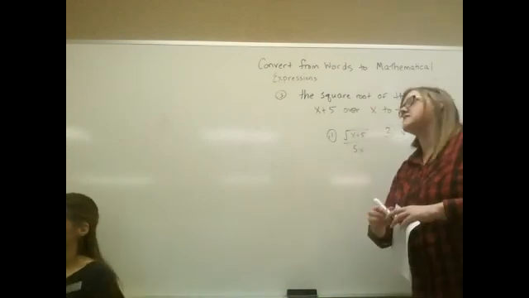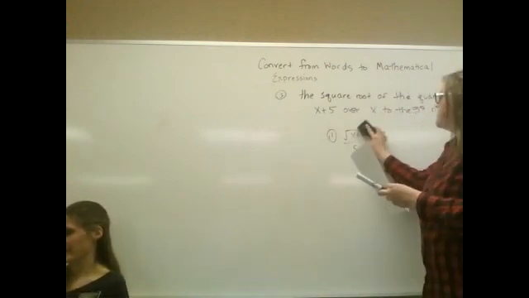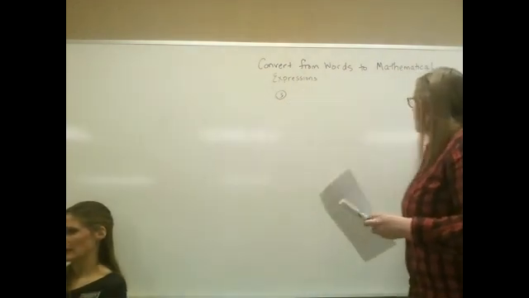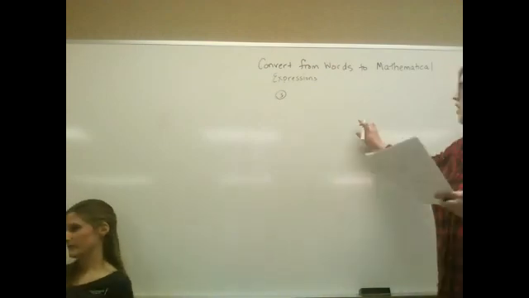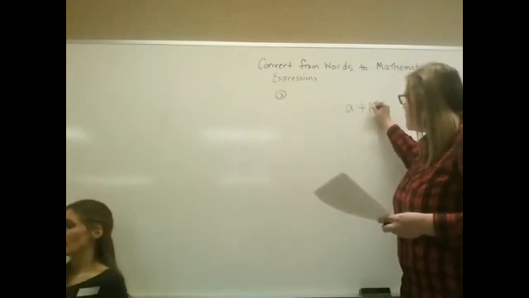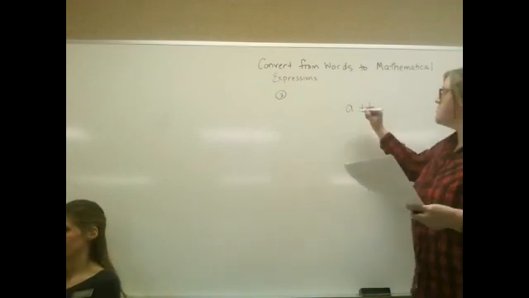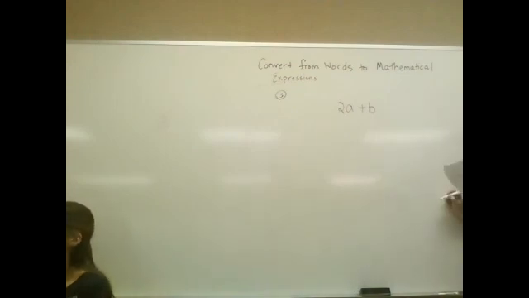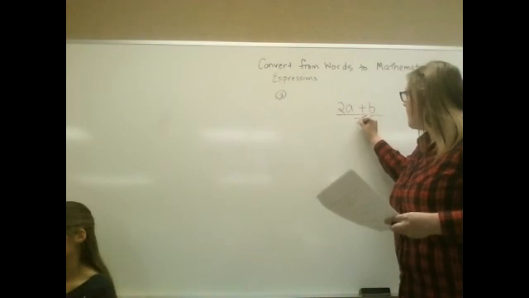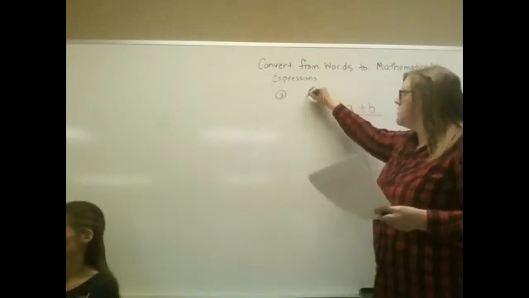All right, so it says the sum of 2 times A and B. So we know since we have the sum, we know that A has to be added to B. And it also says 2 times A. So we know we're going to have a 2 in front. It says divided by 3. So this would be your answer to 2A.